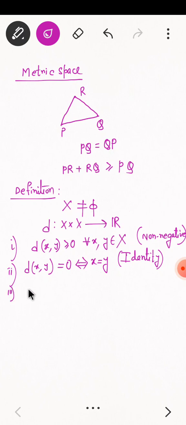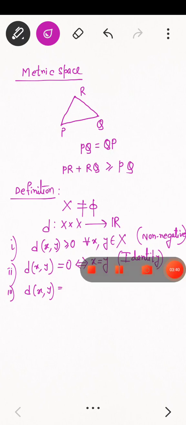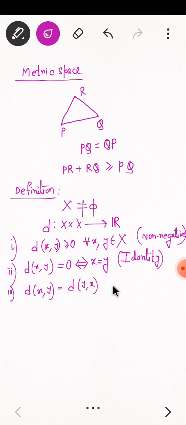Third is D of xy equal to D of yx. This is the symmetric property.